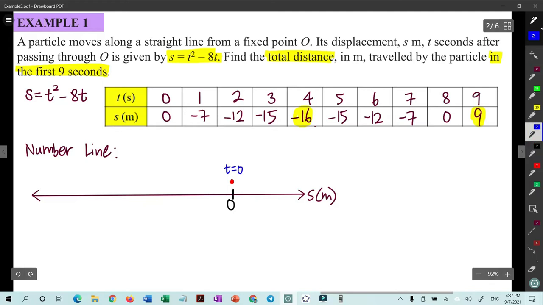When t is 0 we have 0, t is 1 we have negative 7, so I'm going to label this as negative 7, and then we have negative 12, and then we have negative 15, and then we have negative 16.